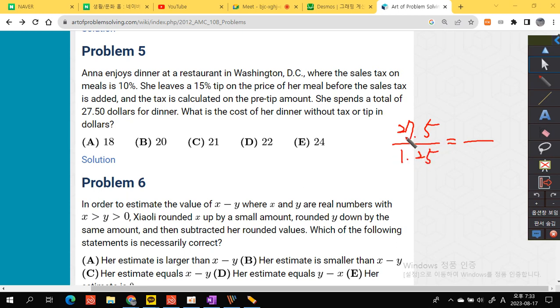Once again, it's like multiplying 0.8 by 27.5, like this. Yep. Now what's the product? 22. Yep.